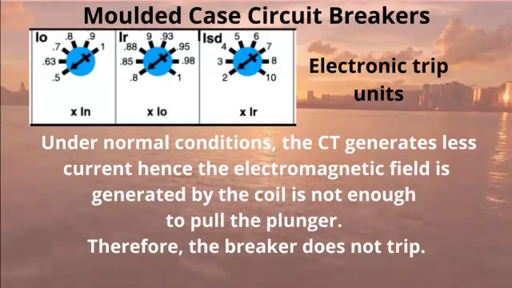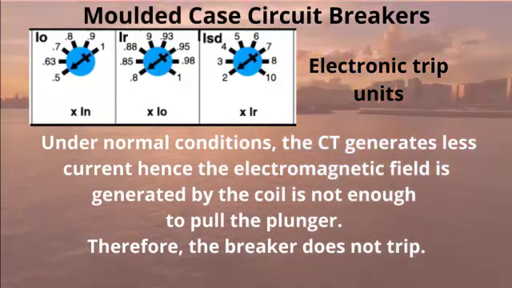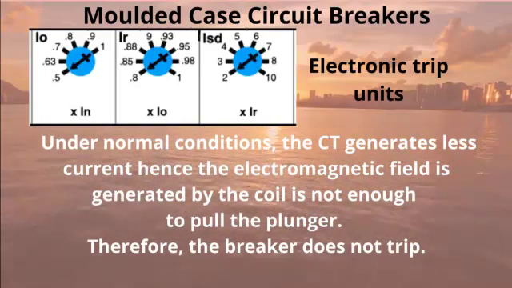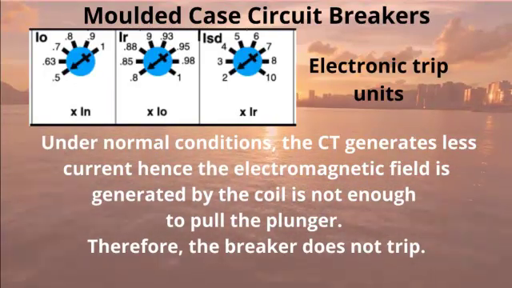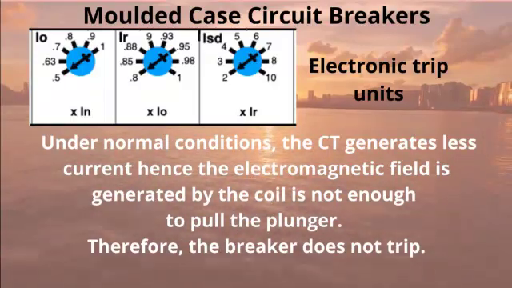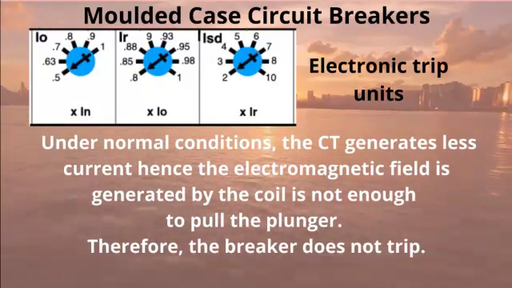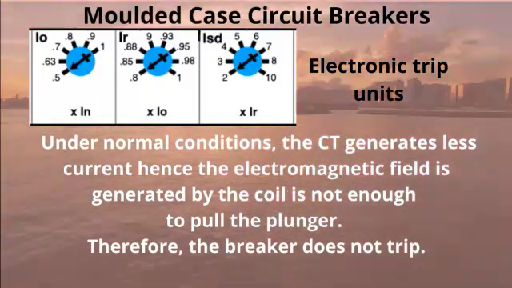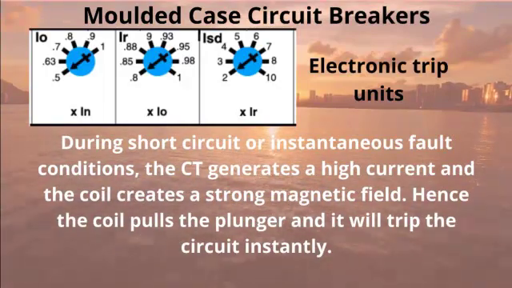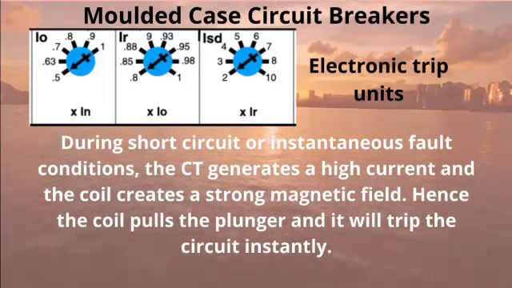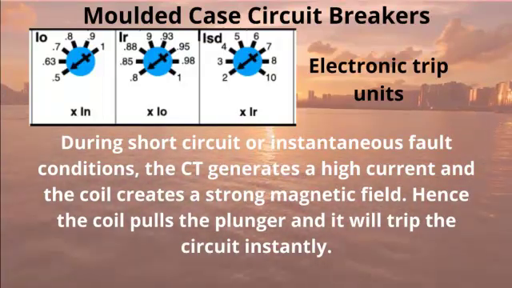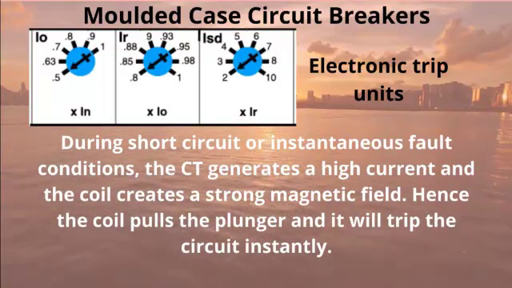Therefore, the breaker does not trip. During short circuit or instantaneous fault conditions, the CT generates a high current and the coil creates a strong magnetic field. Hence the coil pulls the plunger and it will trip the circuit instantly.